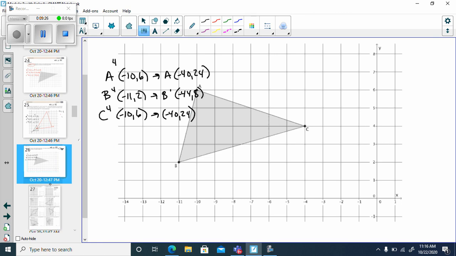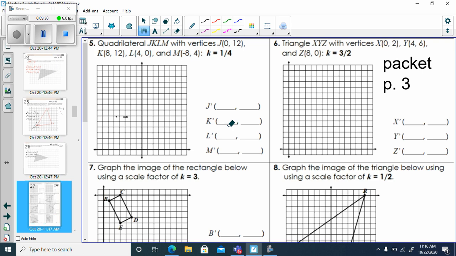Okay? Now, in your packet, go with me to page 4. And let's look at 5, 7, and then the two 12s at the bottom. 5. On this, we're supposed to first plot the figure that's here.